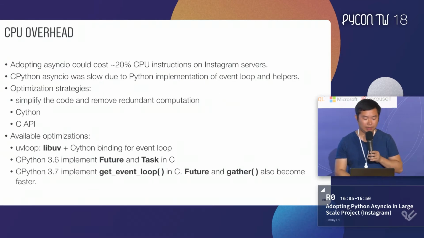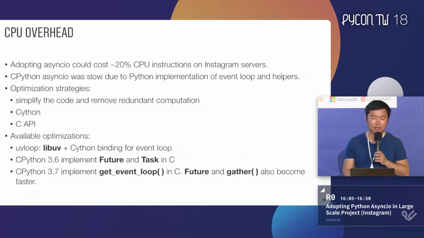And the last issue is the CPU overhead, and this is a very important one. So we do a lot of optimization to async IO while we are using it. If we do nothing, it will take about 20% of the CPU instructions in our Django tier. And we looked into why the overhead is that high.